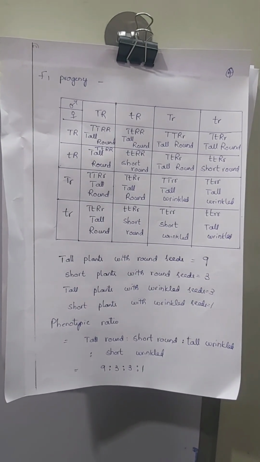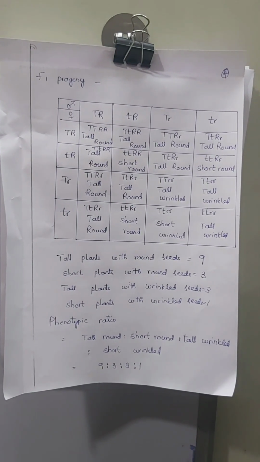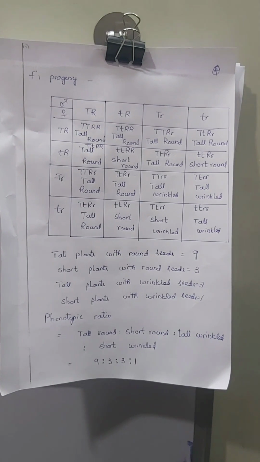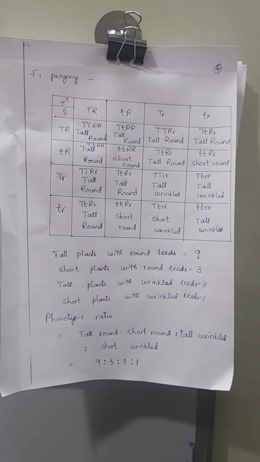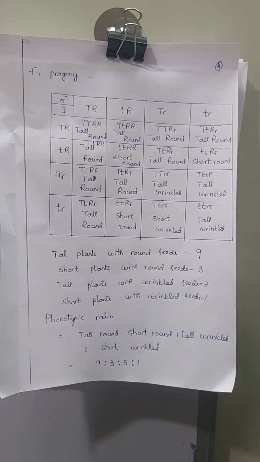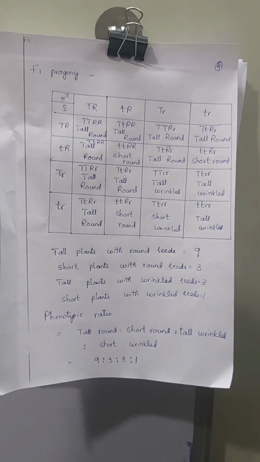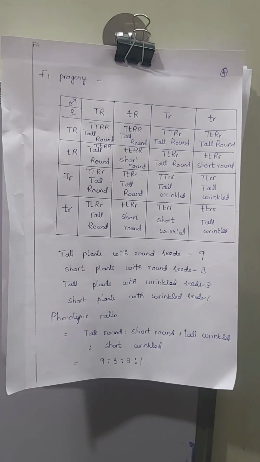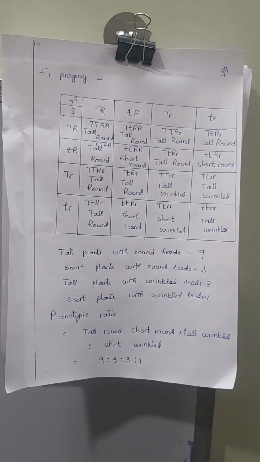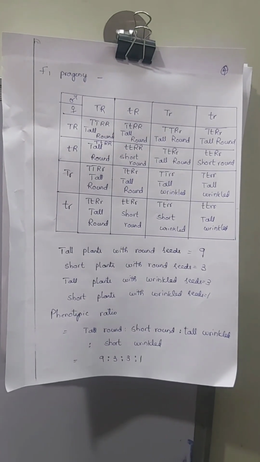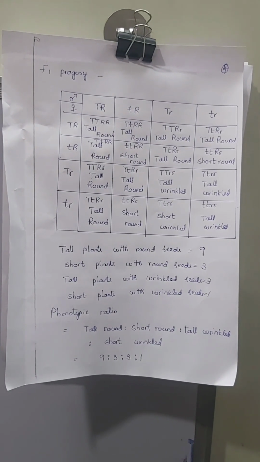The result is shown in the form of a Punnett square. Just go through that. The final results are: tall plants with round seeds 9, short plants with round seeds 3, tall plants with wrinkled seeds 3, short plants with wrinkled seeds 1. The phenotypic ratio is 9:3:3:1.